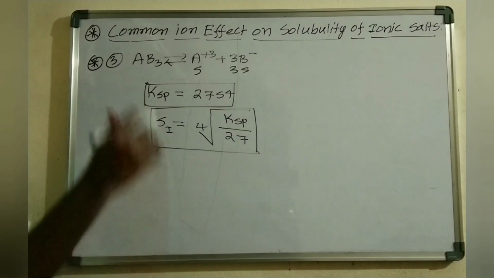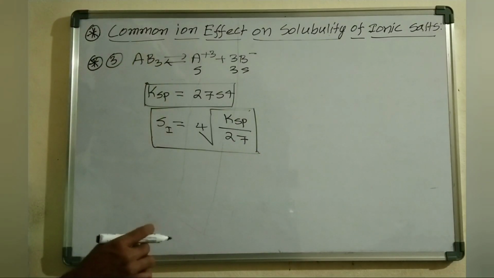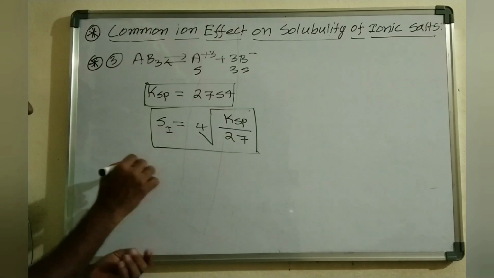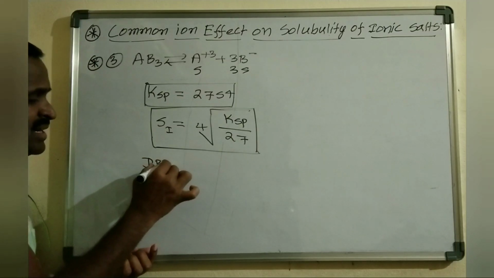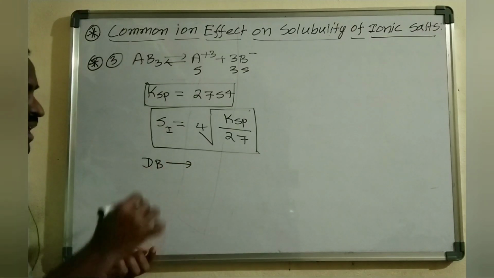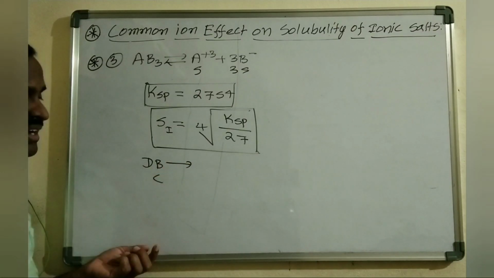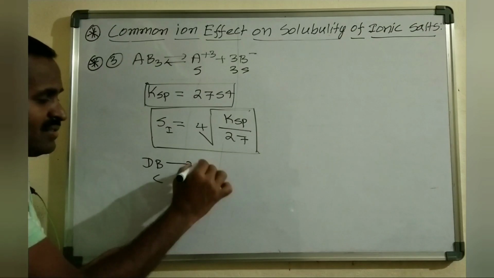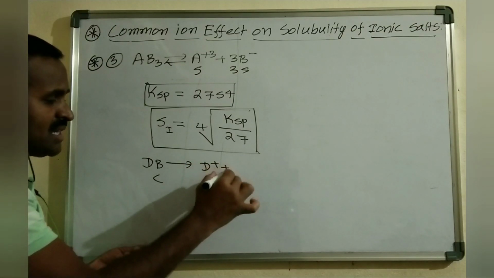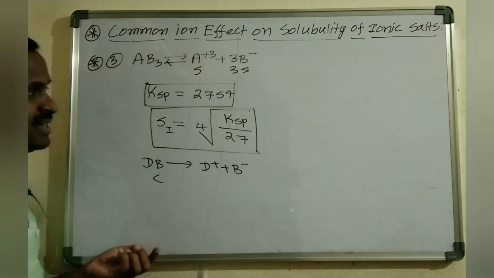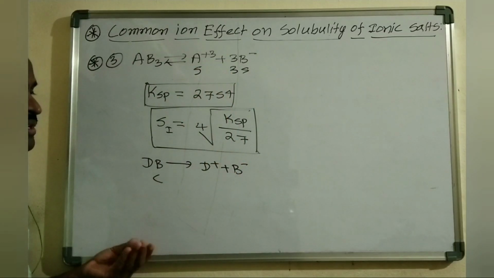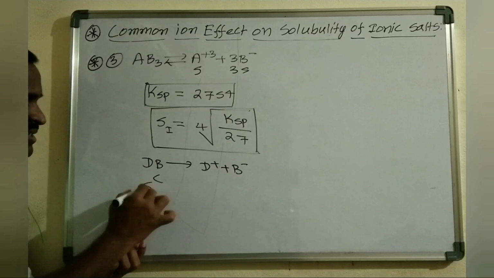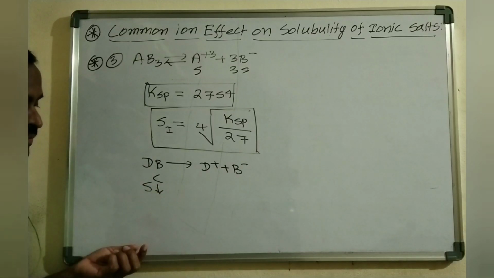For this AB3 type of electrolyte, if I add a DB type of ionic salt, which has the concentration C, it will be dissociated into D plus and B minus. Here also B minus is a common ion, so the common ion effect is there. Due to this common ion effect, solubility will decrease, right?